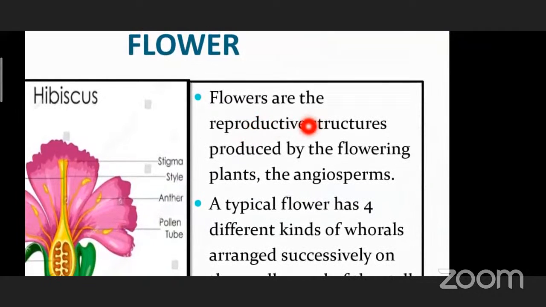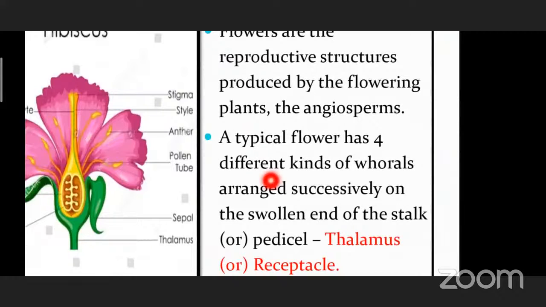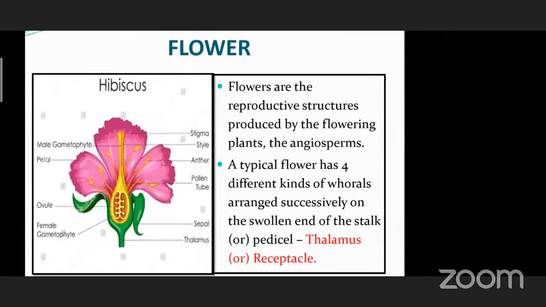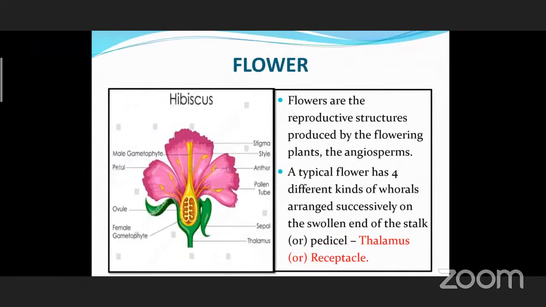Flowers are the reproductive structures produced by the flowering plants, the angiosperms. A typical flower has 4 different kinds of whorls arranged successively on the swollen end of the stalk that is known as pedicel or thalamus or receptacle. What is pedicel?